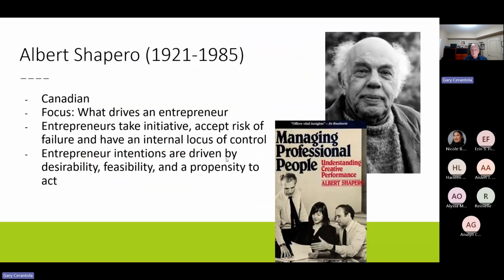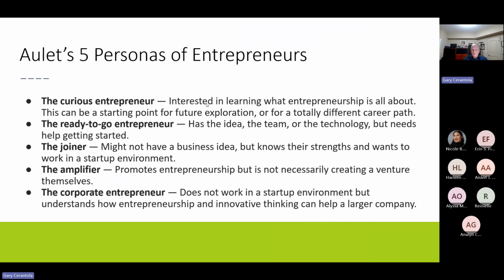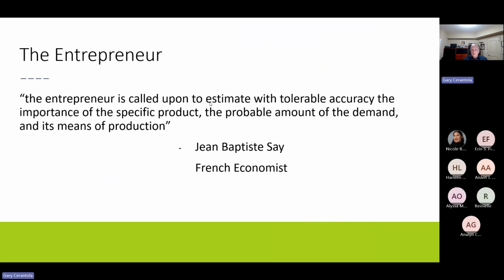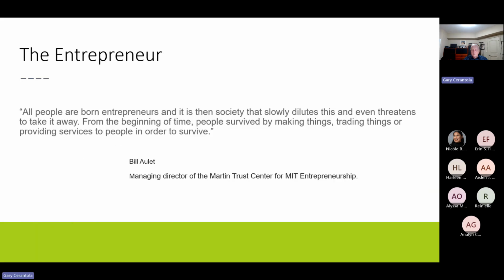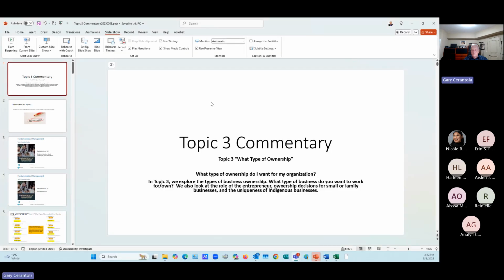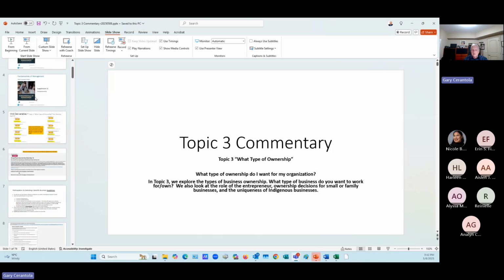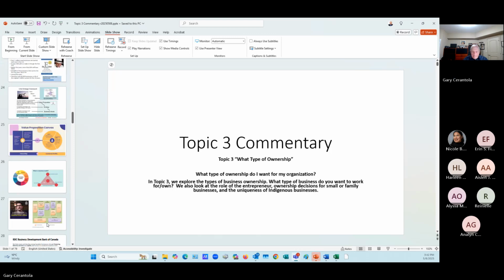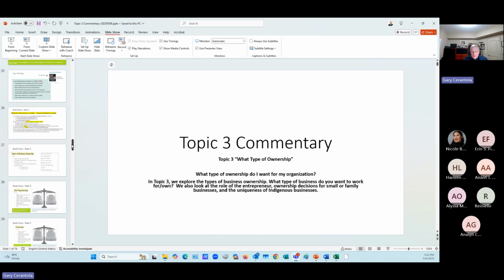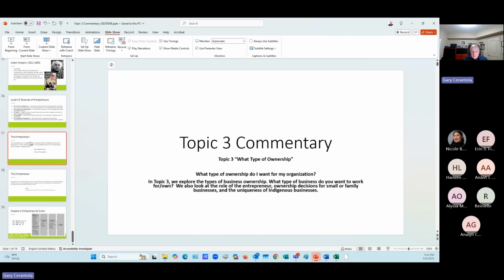Okay. Albert Shapiro is another one of the people that are in the 1A pieces to understand what's going on. And I think that's it. Yeah. Okay. So let me just comment on the last few slides here.